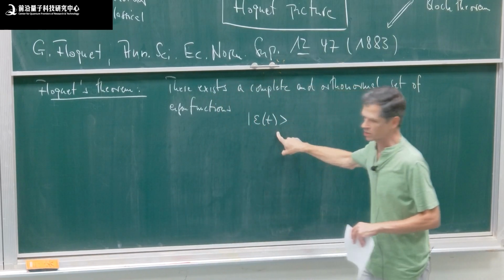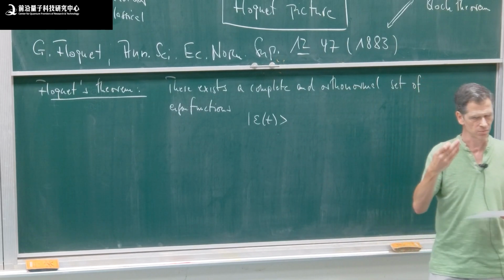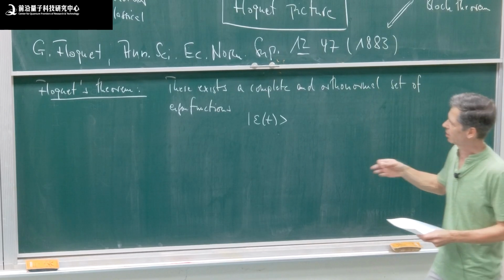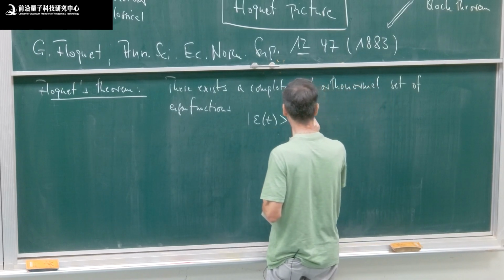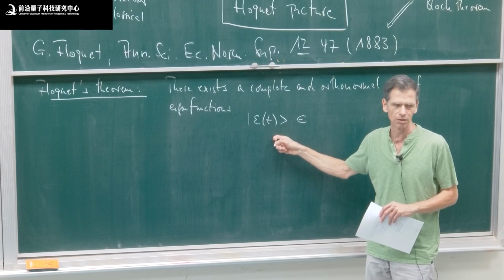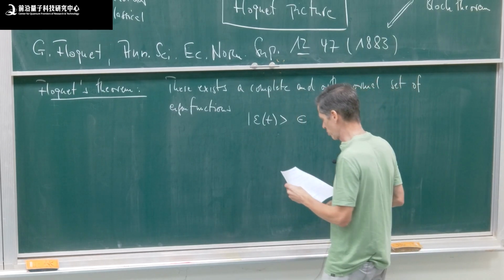So it's plausible, right? The Hamiltonian, the potential which the atom sees, which the target sees, is periodic in time. So it's plausible that the solutions must also be time dependent. These epsilon of t are the semi-classical analogs of the eigenstates of the dressed state picture, which we dealt with so far.